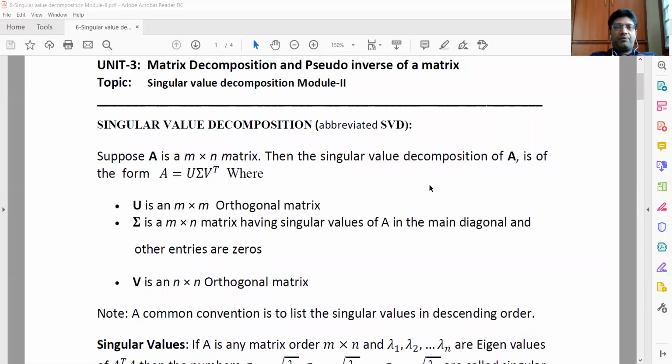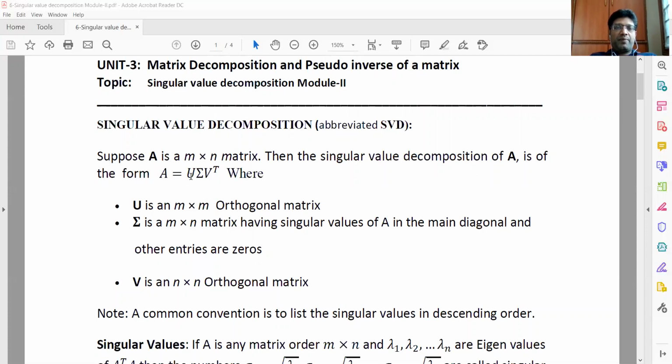So what is singular value decomposition? As I said earlier, it is abbreviated as SVD. Suppose A is an m by n matrix, then the singular value decomposition of A is of the form A equals U sigma V transpose, where U and V are orthogonal matrices.